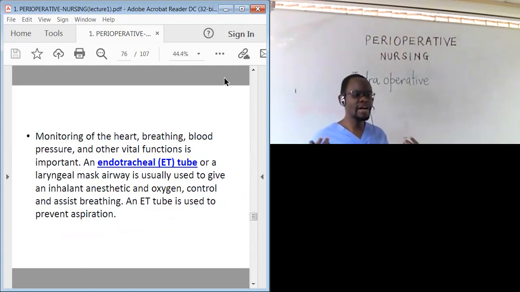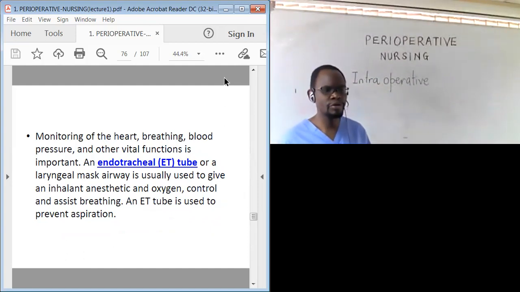And usually in general anesthesia, of course, there is placement of an endotracheal tube or a laryngeal mask, which is used to give inhalant anesthetic and oxygen, and also control the breathing of these patients as they are undergoing surgery.